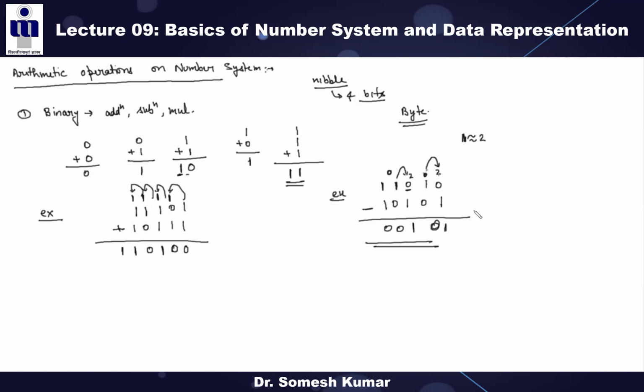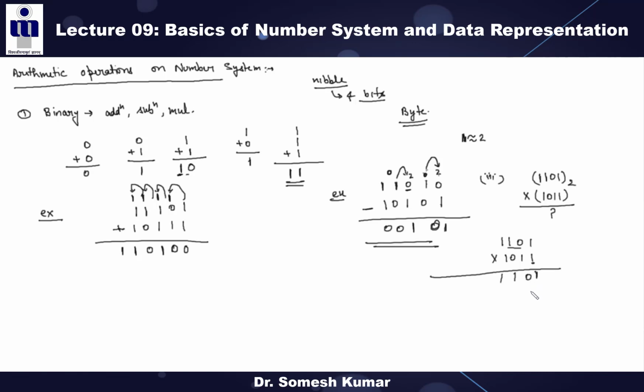Similarly, you can do binary multiplication. The third example we take is binary multiplication. How can you multiply 1101 with 1011? Similar to normal multiplication, first this digit is multiplied by the whole number. 1 multiplied by 1, 1 multiplied by 0 is 0, 1, 1.